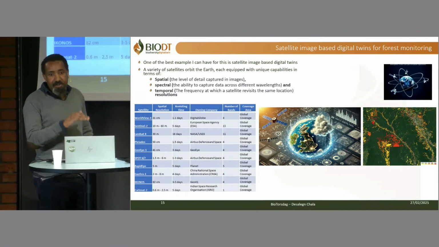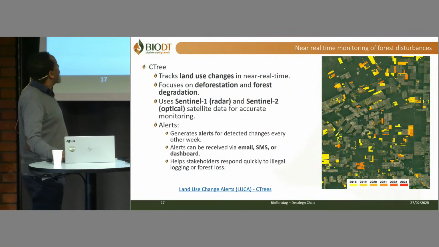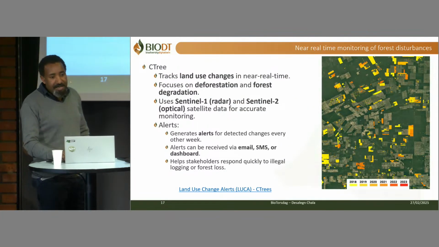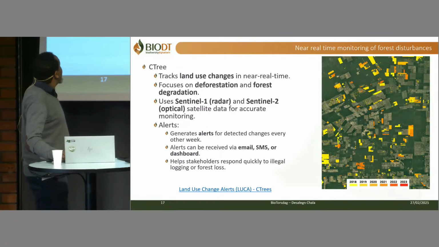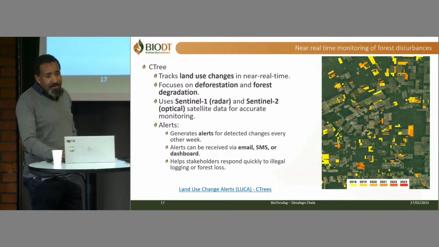And we have a lot of satellite images, and from these satellite images we can produce a lot of stuff. For example, we can track land use changes in near real time. For example, if you see the C3, they use Sentinel images and generate alerts for detected changes every other week.